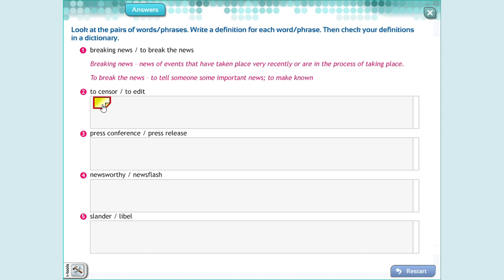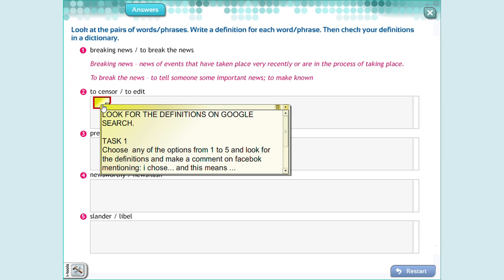But let's pay attention to this task. First, as I mentioned, you have to look at the definitions on Google search or on the WordReference site or the WordReference application that you can download on your phone.